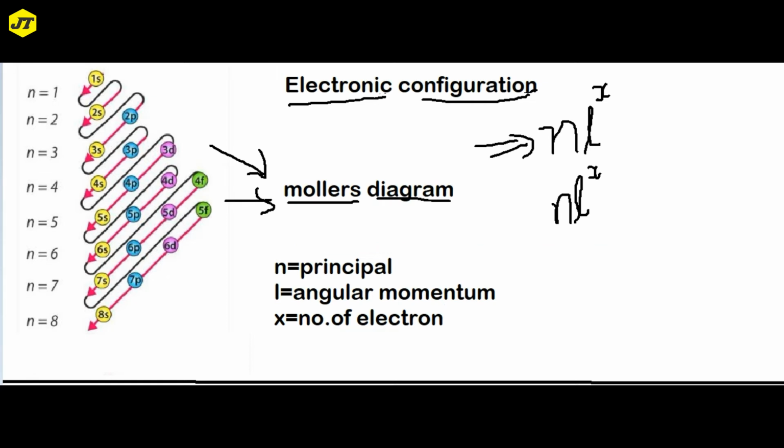Here n is the principal quantum number which represents the orbital, where n is equal to 1, n is equal to 2, n is equal to 3, n is equal to 4, n is equal to 5, and so on.